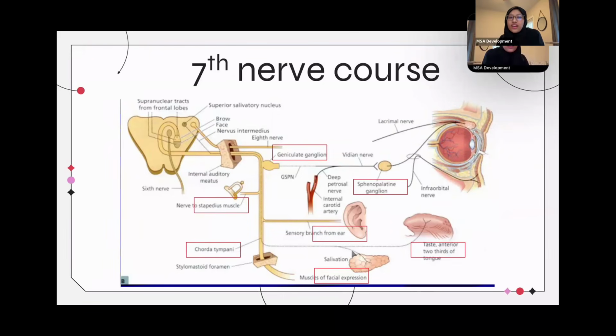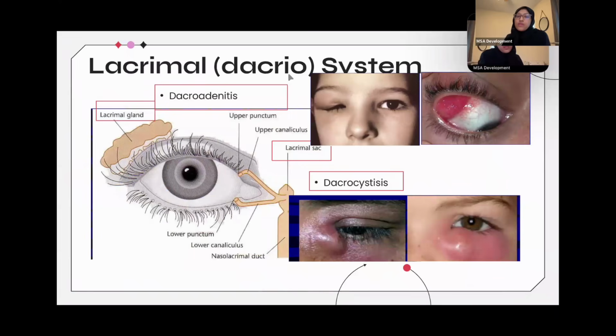I like to remember that that is for the taste. All of this comes from the seventh nerve. It's all interconnected with the ganglion and so on. It can also cause eye tearing, so the lacrimal gland is supplied by the seventh nerve. So lacrimal gland, salivary gland, taste, ear, all of this is done by the seventh nerve.